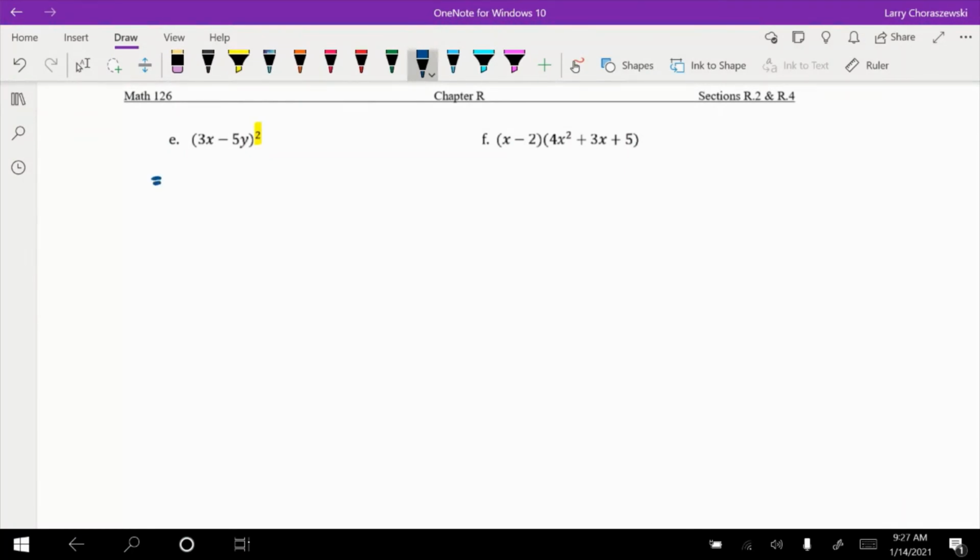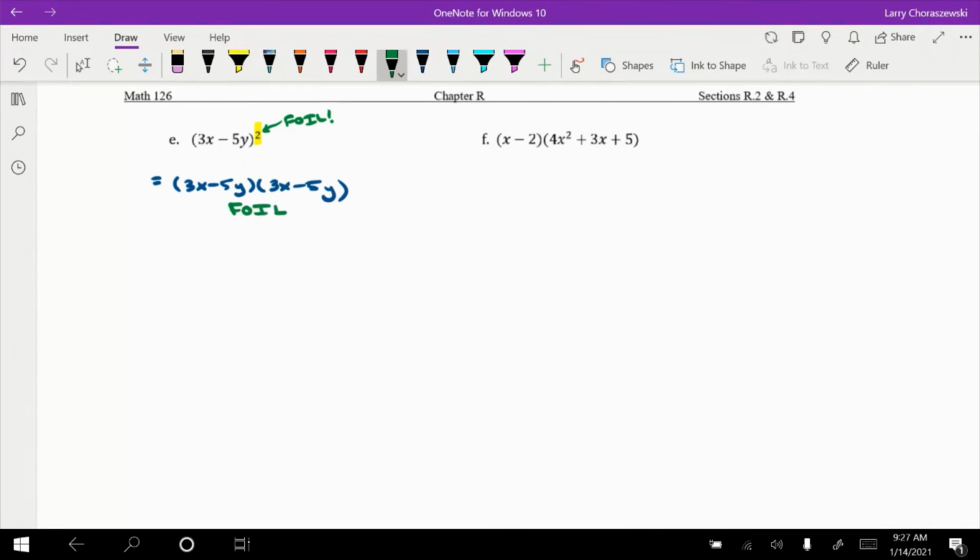Now, with 3x minus 5y squared, we could rewrite this as 3x minus 5y times itself. So anytime I see a power of 2, I just like to indicate FOIL, because when you write out 2 copies of the base, it basically looks like a FOIL problem, and that's how you want to handle it.